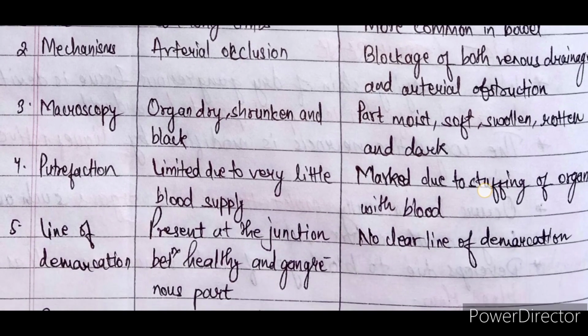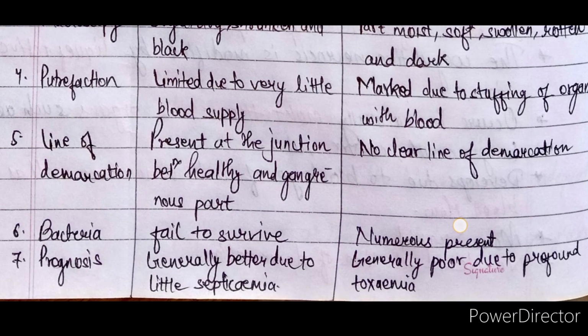The fourth point and the major point is that putrefaction is limited in dry gangrene due to very little blood supply, whereas in wet gangrene, putrefaction is marked due to stuffing of organ with blood. And the line of demarcation is present at the junction between healthy and gangrenous part in dry gangrene, whereas no clear cut line of demarcation is seen in wet gangrene.